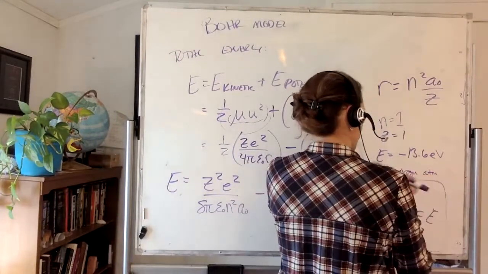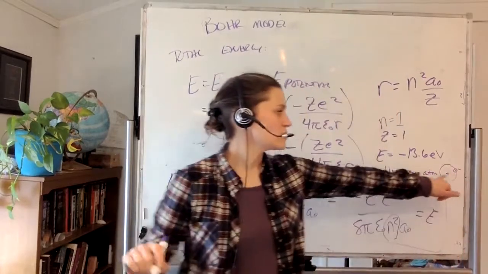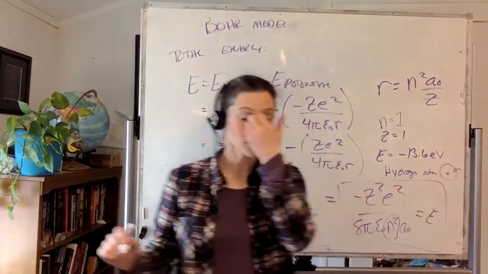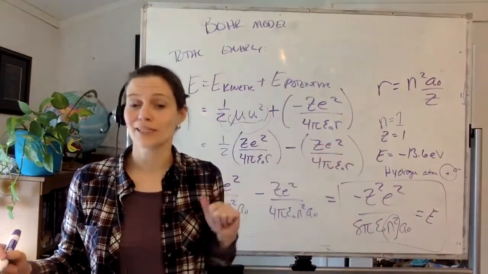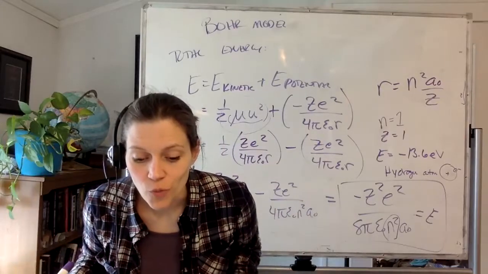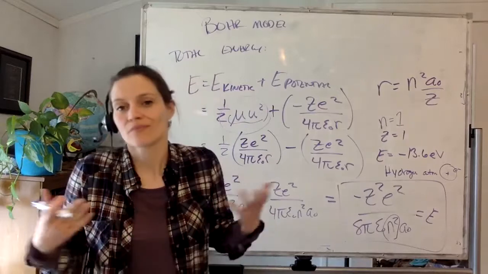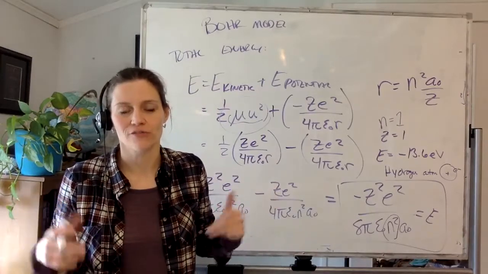If you have a proton and an electron, the amount of energy necessary to ionize the only electron in the hydrogen atom is 13.6 electron volts, or 2.17 times 10 to the minus 18 joules. 13.6 is easier to remember in terms of electron volts.